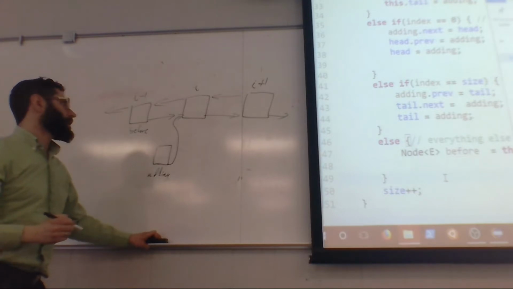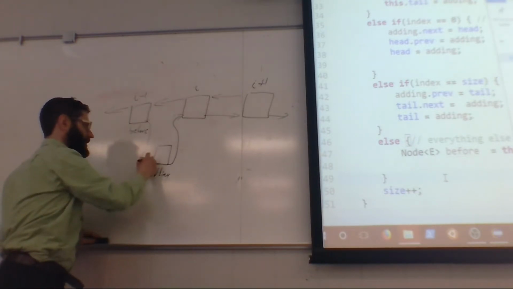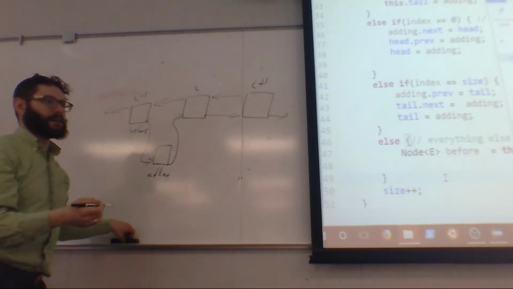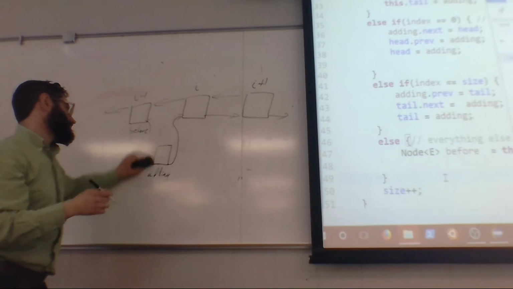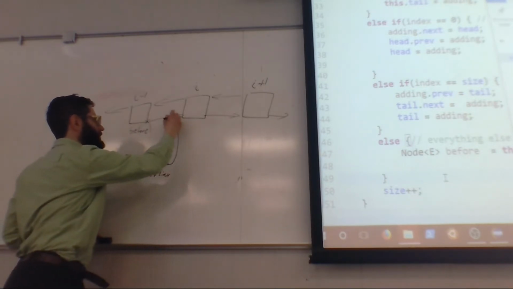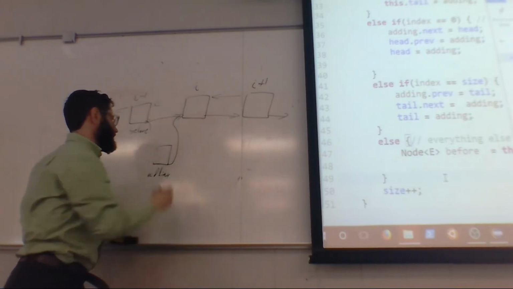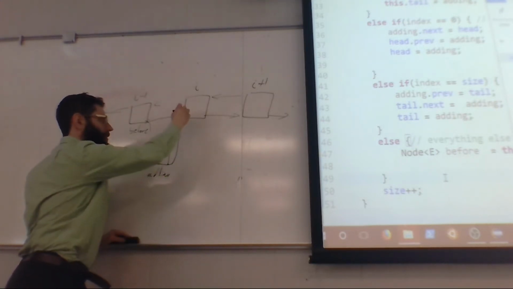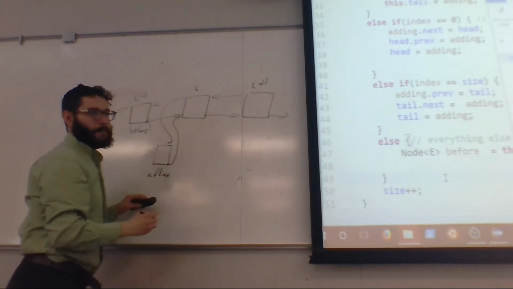If this was a singly linked list, I would attach this over here, and then it would be added to the list in one direction, but the other direction would skip it over. So what we need to do before that is take this arrow, I connected adding over here, and then I need to take this arrow and connect it over here.